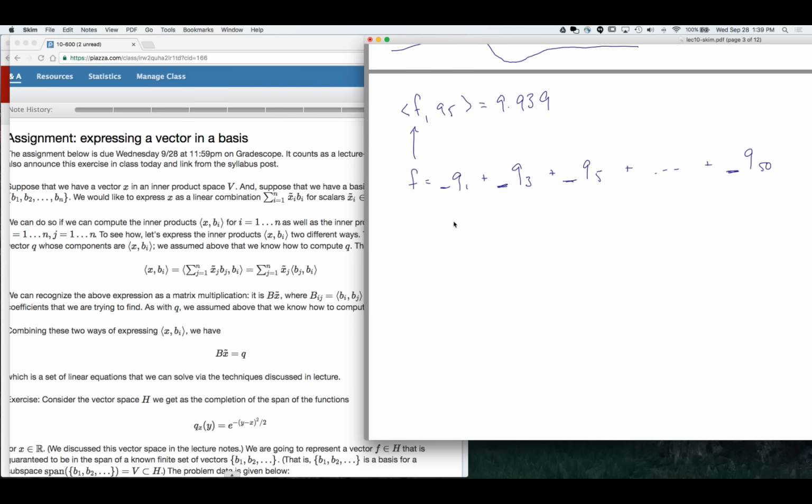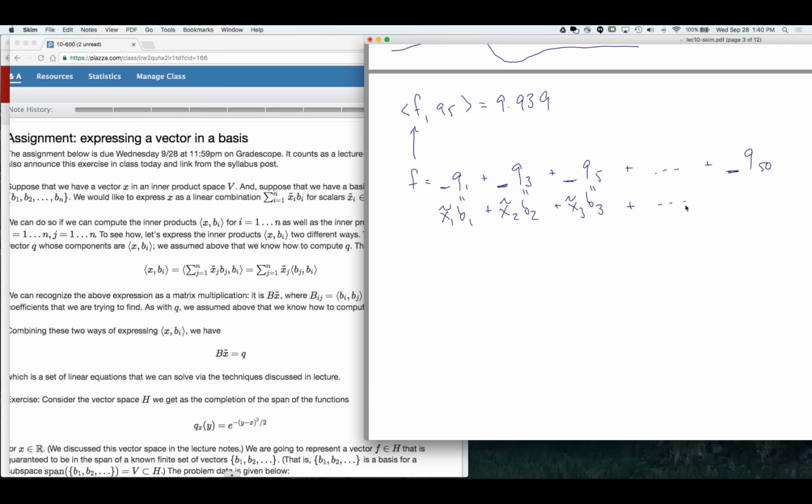So this is x tilde sub 1 corresponding to b1, where b1 is equal to q1, plus x tilde sub 2 times b2, where the second basis function is equal to q3, plus x tilde sub 3 times b3, and the third basis function is q5, and so forth.